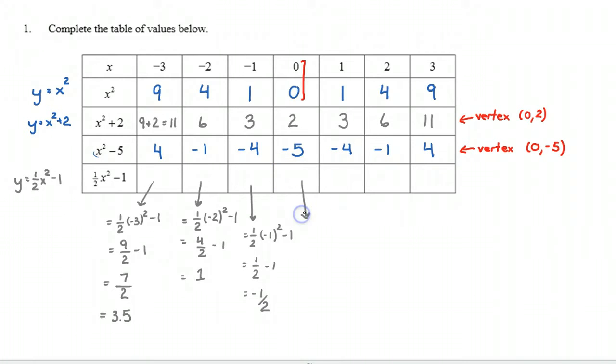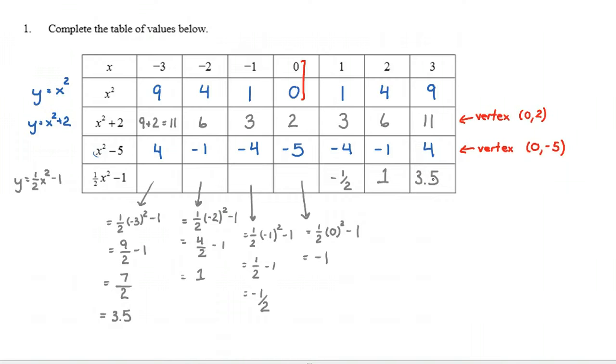Now this one is 1/2 times 0 squared, and notice 0 squared is 0, times 1/2 is 0, so this is just going to be minus 1. And again, we can continue along, and you'll see this nice symmetrical idea. You can confirm that yourself.